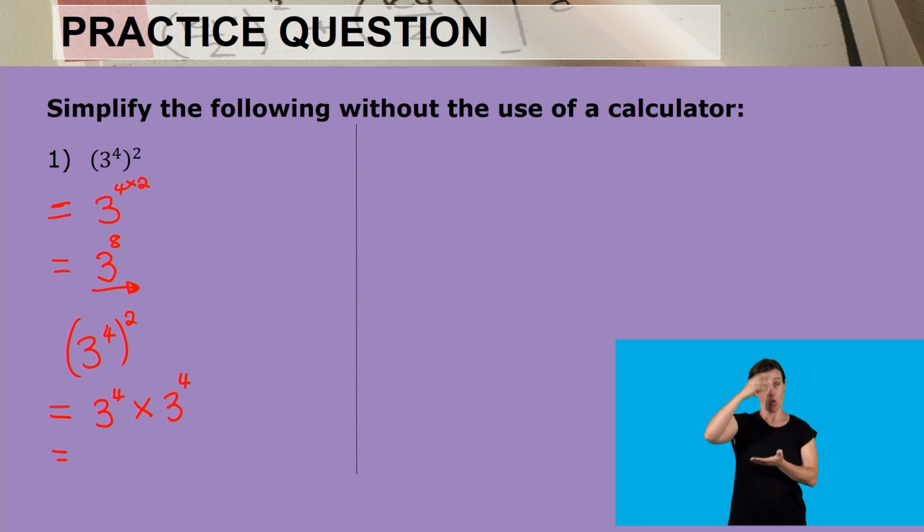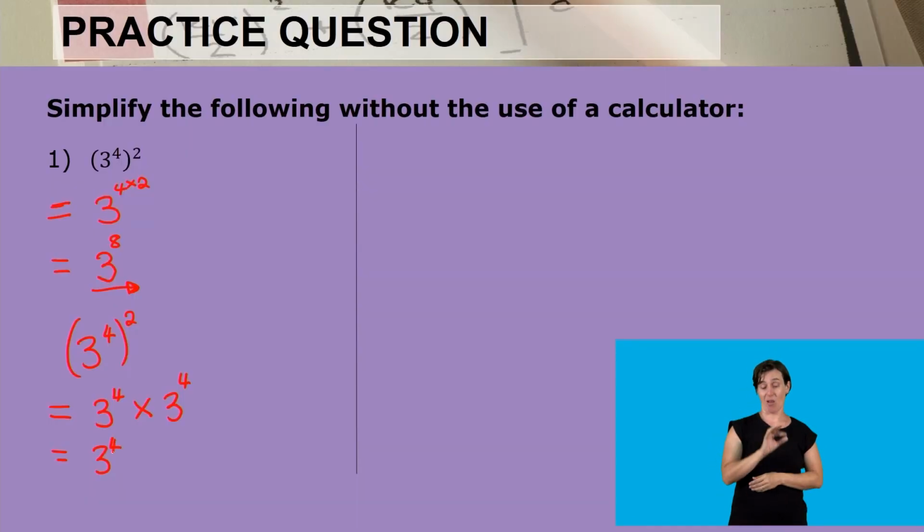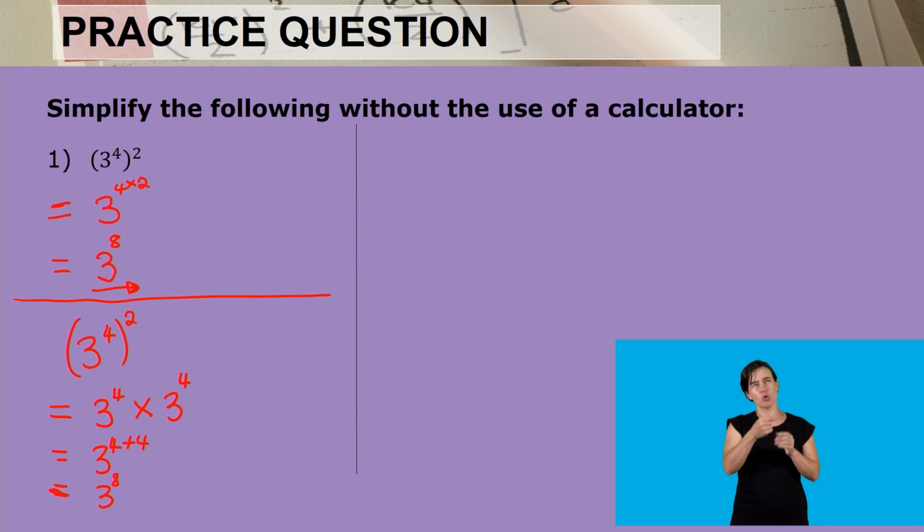And as we've learned from multiplying powers of the same base, we keep the base 3 and add the exponents, so that is 4 plus 4, which gives the same answer as the method above: 3 raised to the exponent of 8. As we can see, the different methods give us the same answer.